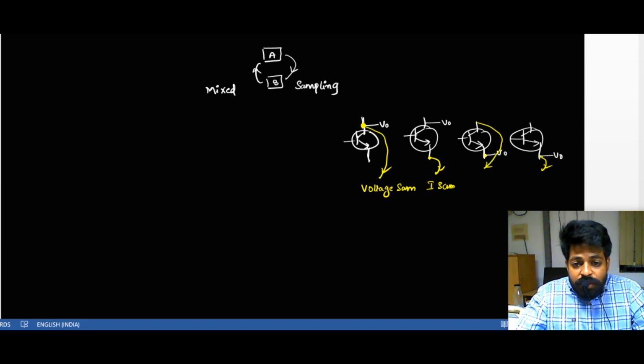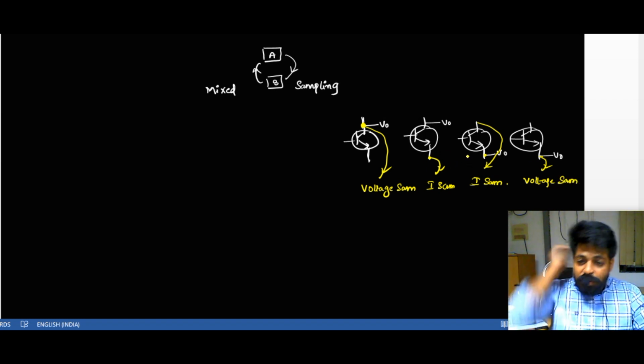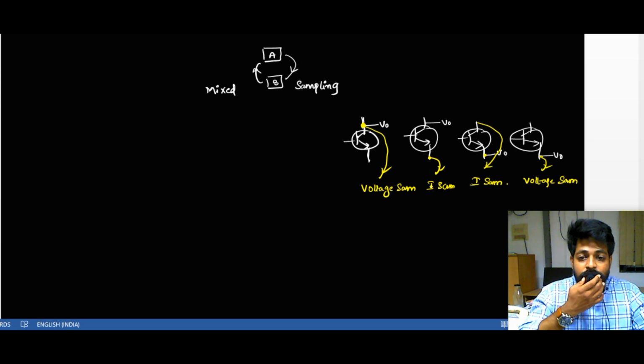If I take a sample from the current node, I call it current sampling. This is the voltage node from where I take a sample, so I call it voltage sampling. So these are the four possibilities that I have, either voltage sampling or current sampling, based on where you take the output. This is how we define the type of the sampling.